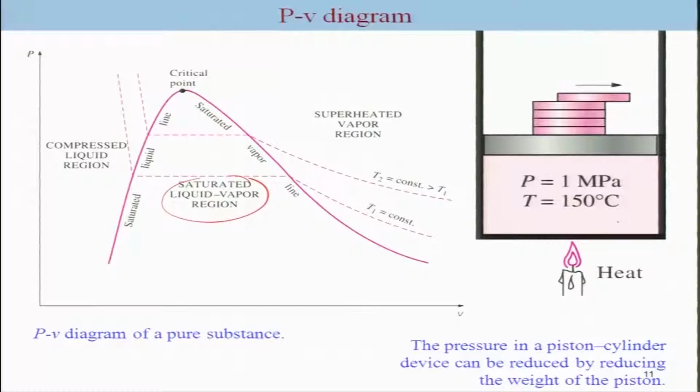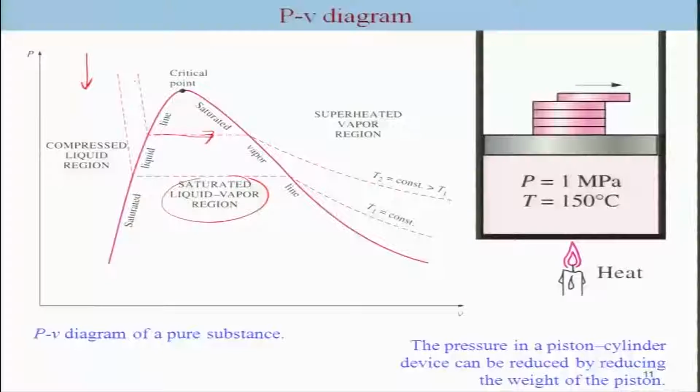So, in other words, you can consider this representation. You are maintaining the temperature here, and if you are reducing the pressure, coming from here, what happens is the volume is going to expand. So, this is the representation, and it will start from here until it reaches the point where it will start vaporizing.